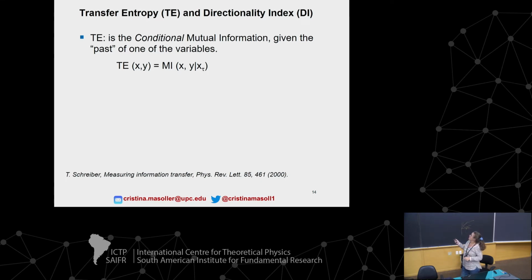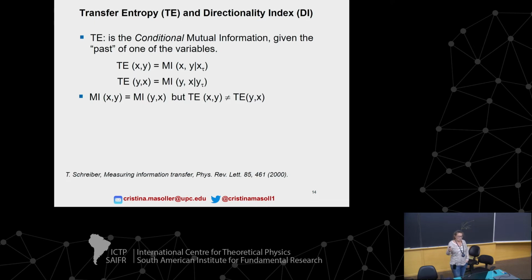This is the mutual information of X and Y, considering that you know the past of X, and you can do the same for the transfer entropy from Y to X: the mutual information between Y and X, considering the past of Y. The mutual information, if you remember, was a symmetric quantity, but these are not necessarily symmetric, and that gives you the possibility of defining an index. Just by the difference of these two, you can detect causality in one direction or another.